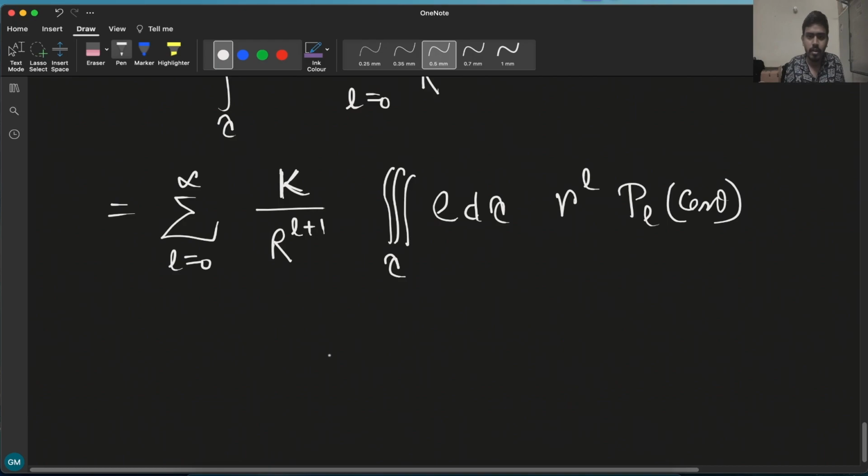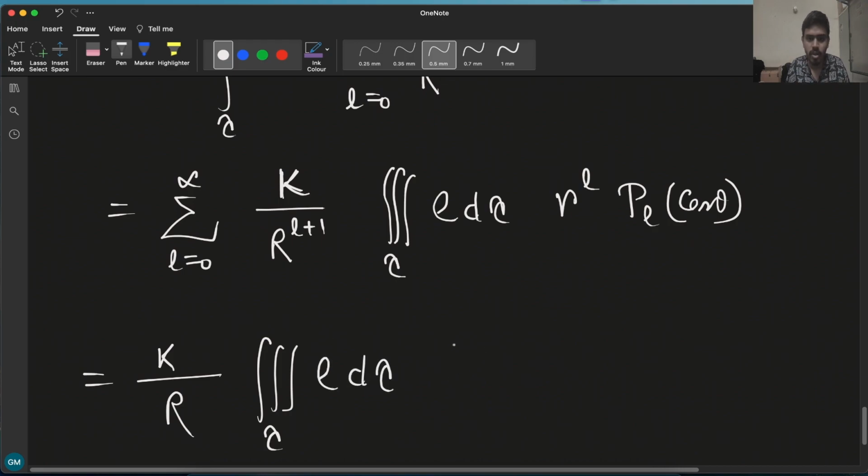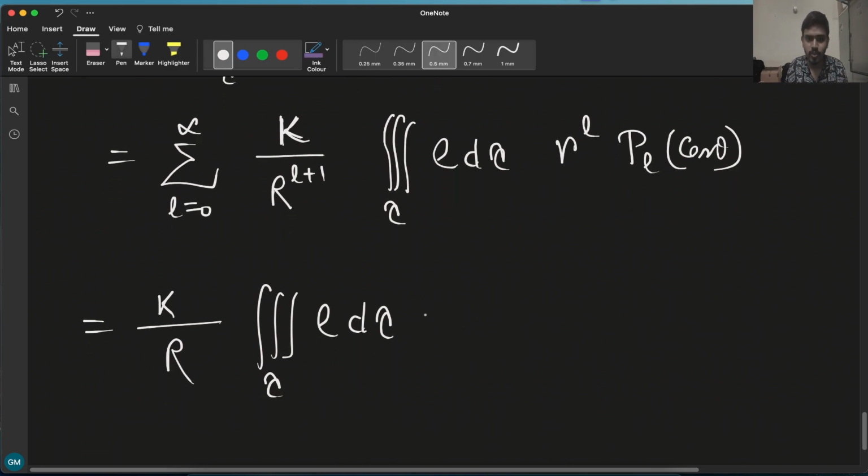Now let me write a few terms by expanding over L. The L equals 0 term is basically k over R, triple integral over the volume tau of rho d tau, times r to the power 0. r to the power 0 is nothing but 1, and P0 cos theta, P0(x), is 1.